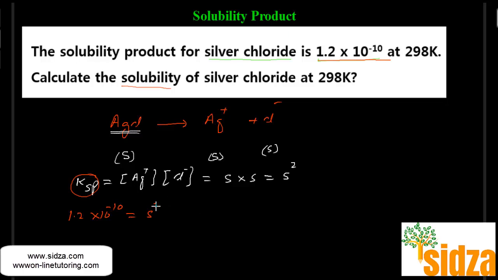Then S will be the root of 1.2 into 10 to the power negative 10, and if you simplify it, it will be around 1.1 into 10 power negative 5 moles per liter, that is the solubility of the silver chloride.